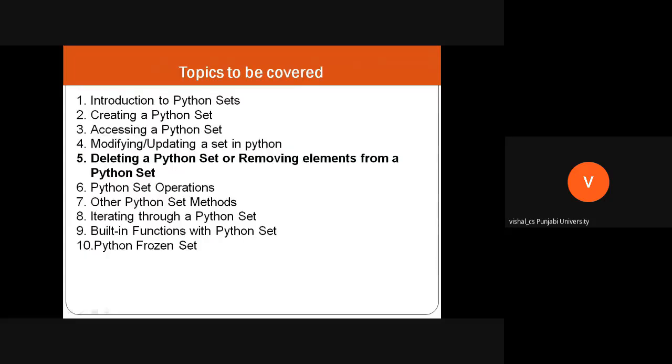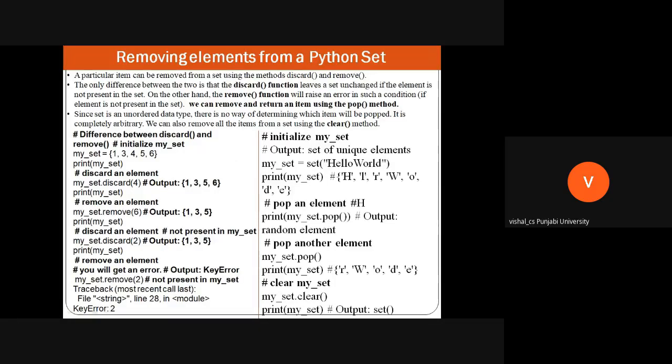Then deleting a Python set, or removing elements from a Python set, right? First, a particular item can be removed from a set using the methods discard and remove. So you have 2 methods, one is discard, another is remove.